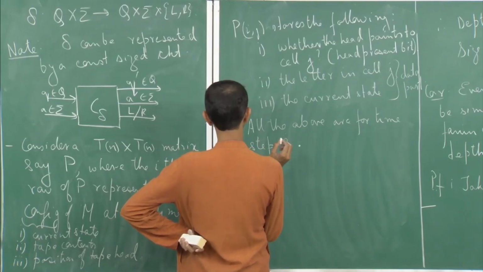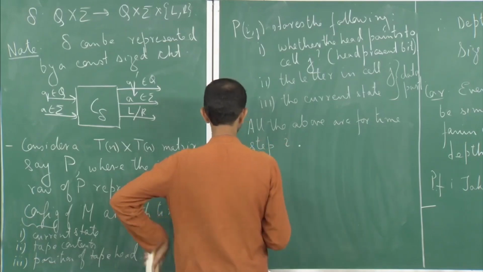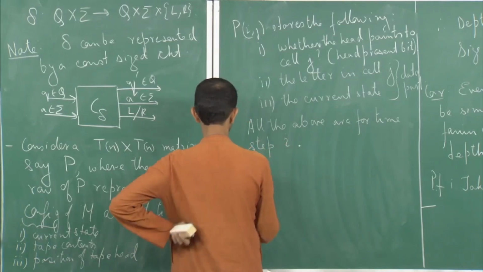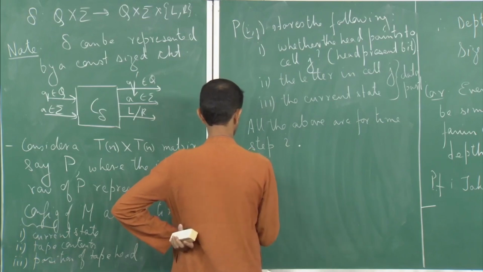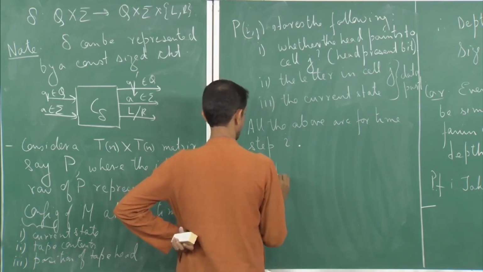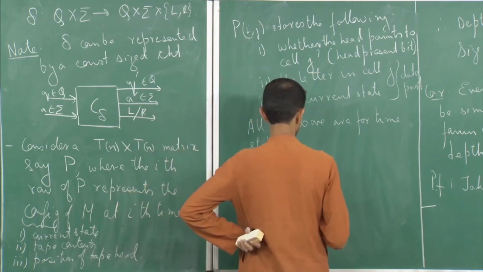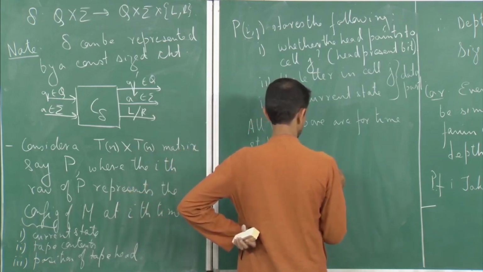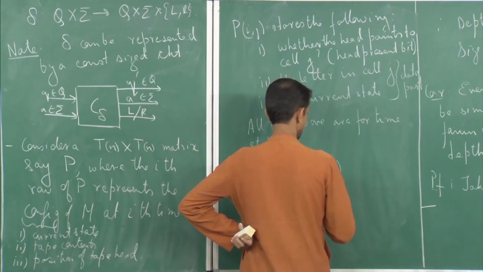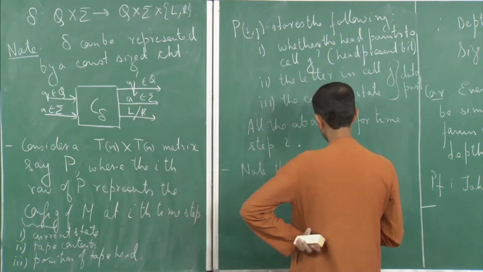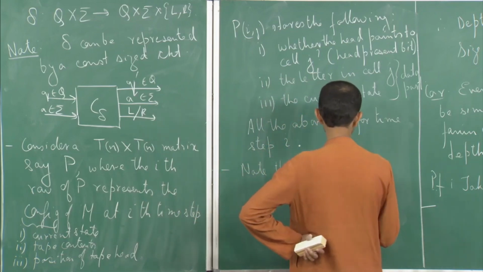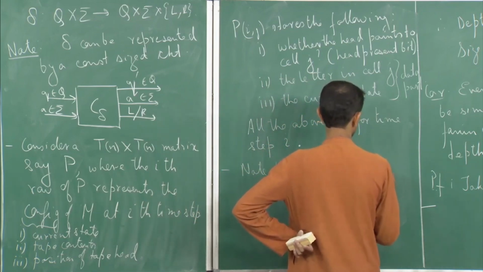So the next step is, note that any entry of Pij, what does it depend on?